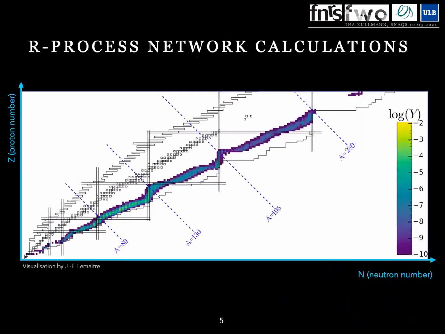So in a moment, I'll show you a movie of one such r-process calculation. Here, I just want to show you the axes, where we have the nuclear chart with neutron number on the x-axis and proton number on the y-axis. Each box is an isotope, and the color scale gives us the abundance.